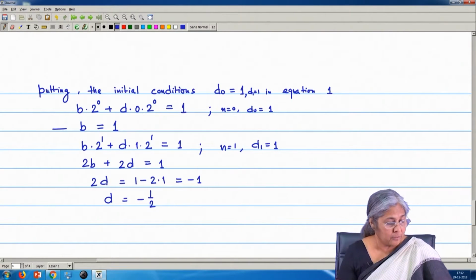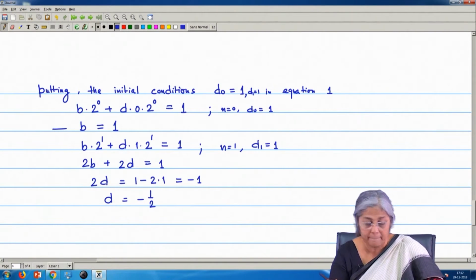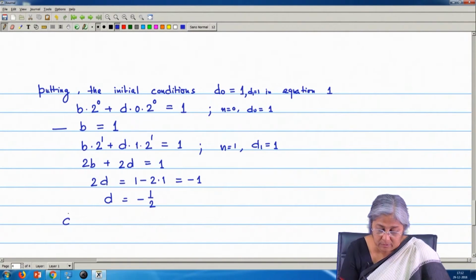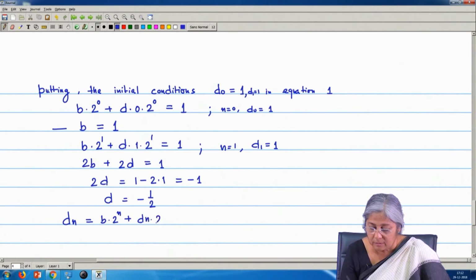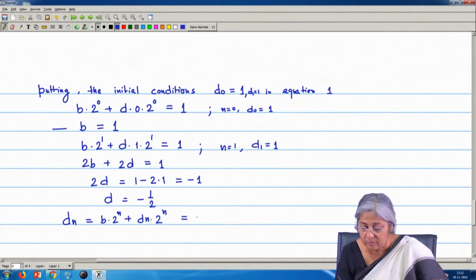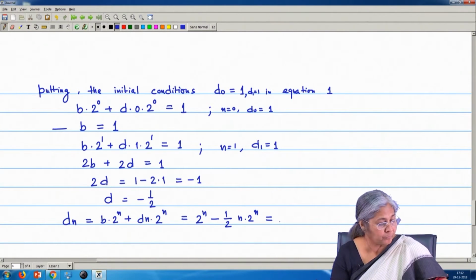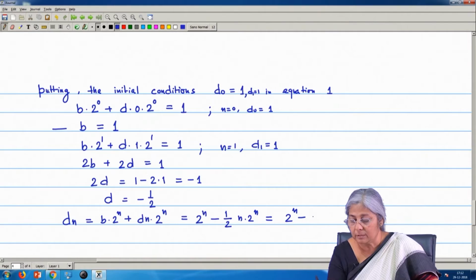So, I get the solution d n equal to b 2 to the power n plus d n 2 to the power n, equal to 2 to the power n minus half n 2 to the power n, equal to 2 to the power n minus n 2 to the power n minus 1.